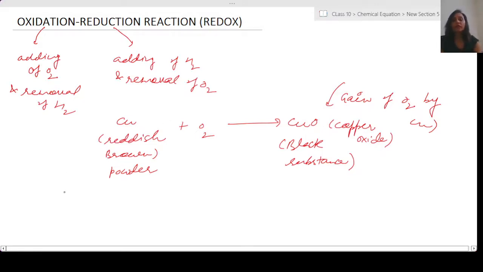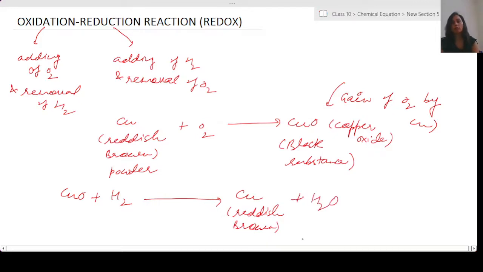Okay, now if over this copper oxide you pass hydrogen gas, what will happen? Then we will see that after some time you will again get back the reddish brown substance. This reddish brown substance will be there again and water will be formed.